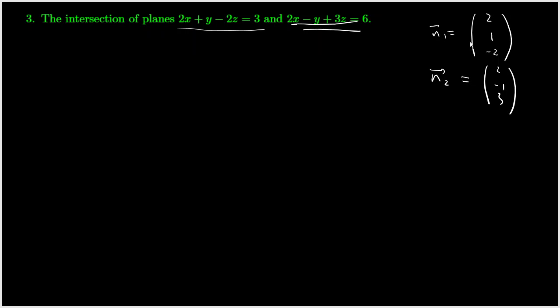Can you imagine that? A normal vector is a vector perpendicular to the plane. The two normal vectors of the two planes are not in the same or reverse direction, because neither vector is a scalar multiple of the other, which means these two planes are not parallel.